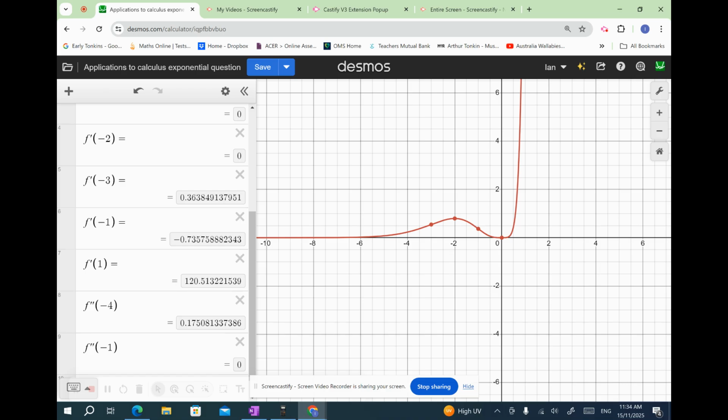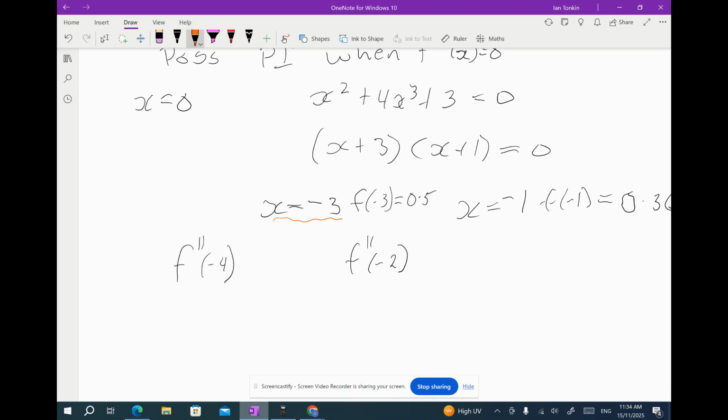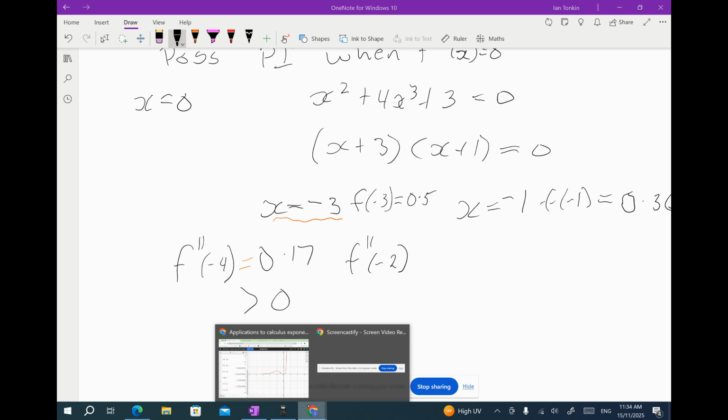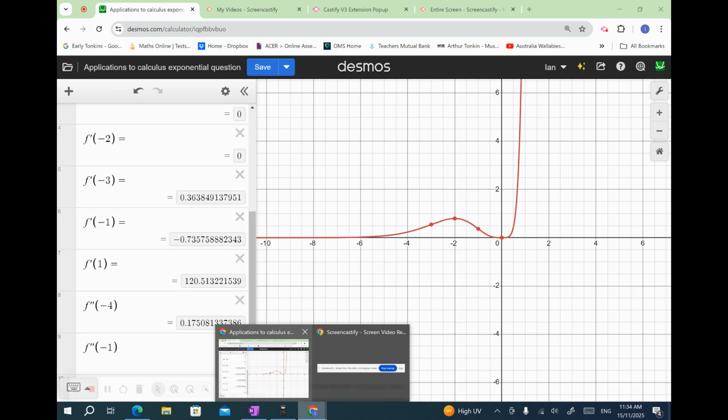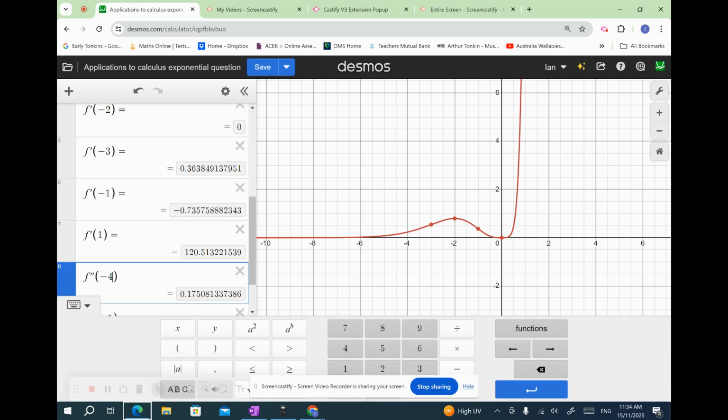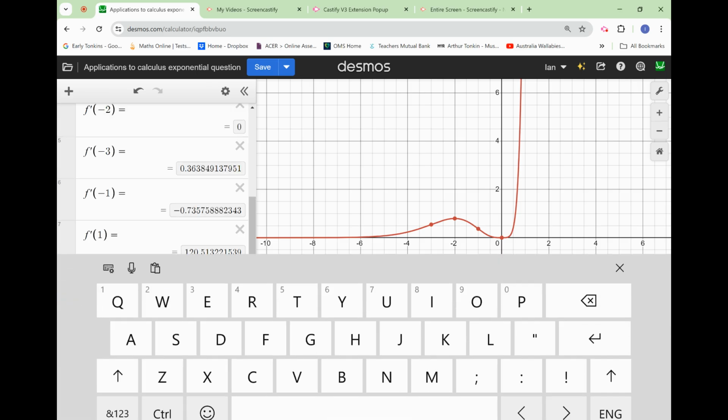And it's 0.17. So I go back, 0.17, which is greater than 0. And now I want f double dash of -2, so I go back there and do it again. And I change that to a 2.